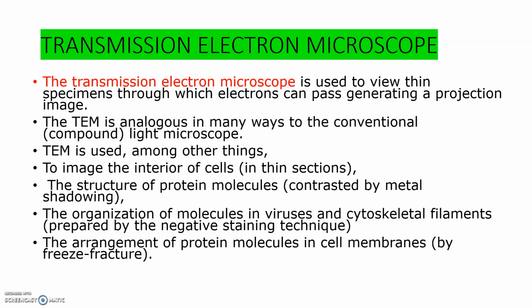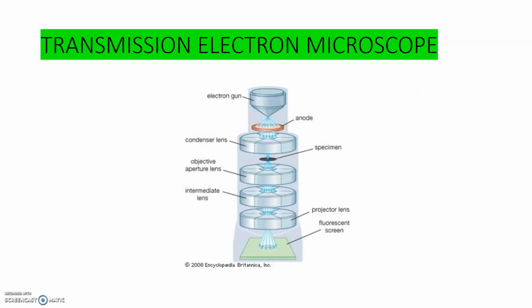Then also the arrangement of protein molecules, either alpha or beta, etc., in the cell membrane can be viewed by using freeze fracture techniques. So this is the transmission electron microscope structure: electron gun, anode, specimen, objective lens, intermediate lens, projector lens, fluorescent screen.